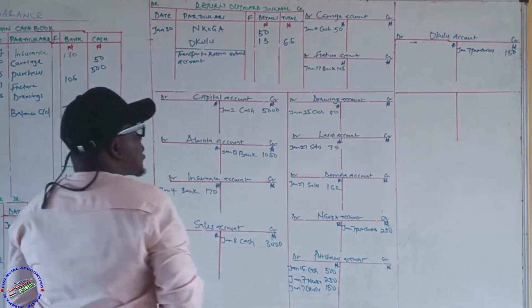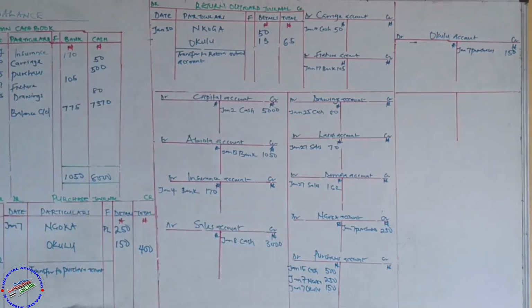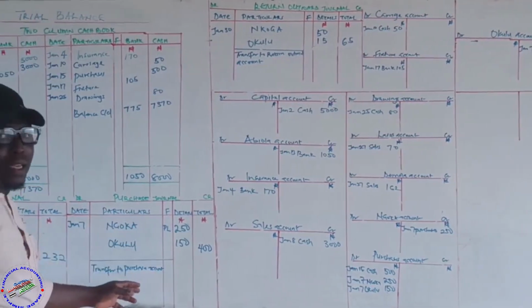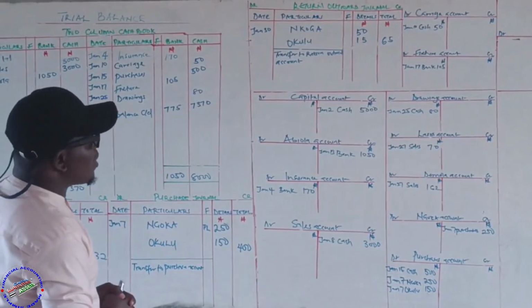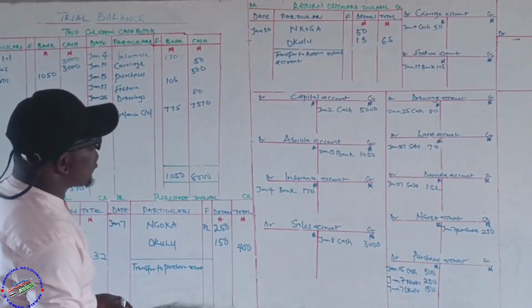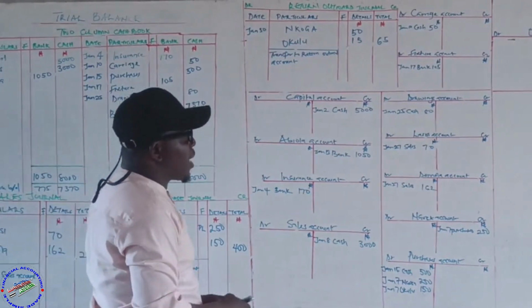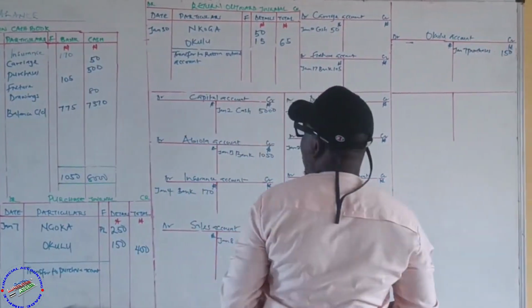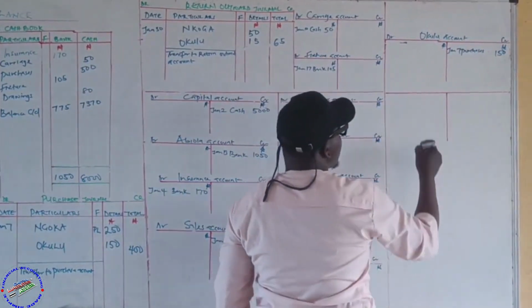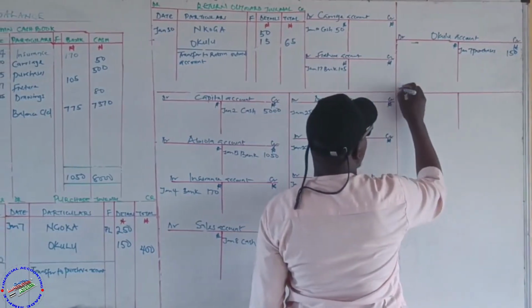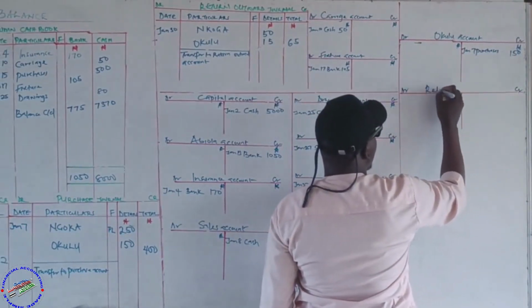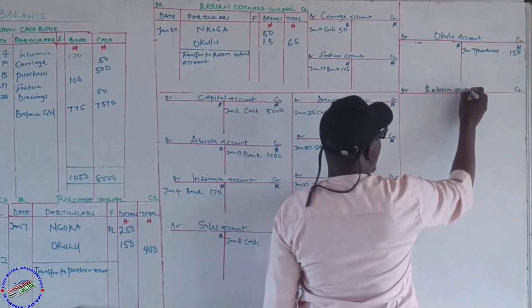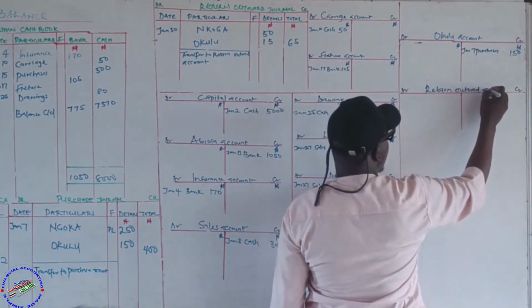So we had also transferred all these transactions in the sales table and purchase table to their respective ledgers. The only one we have left is our return outward journal.